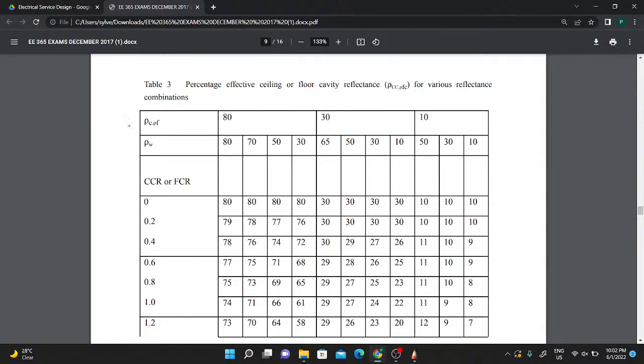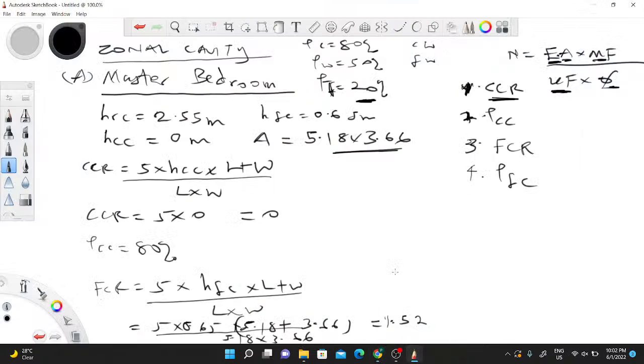Now in the table we have a row F here, row F 30 and 10. So we don't have row F 20, so we have to interpolate between it. With a row F of 20, between 30 and 10, my 20 will be in between. Are you following?